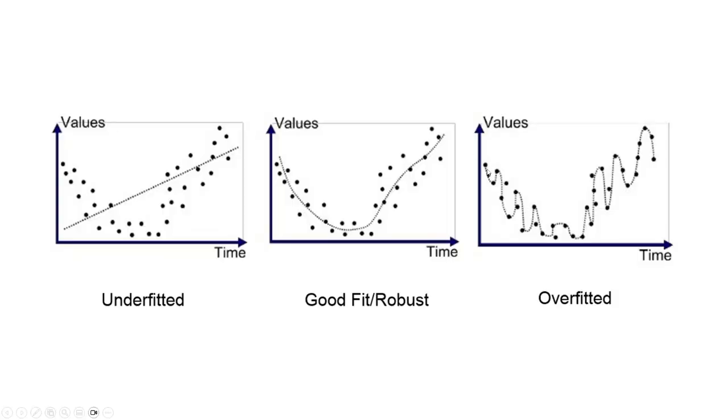When our model learns the training data too well, it fits the training data so well, like this. You can see that. And when it gets new data, it just doesn't understand the new data and doesn't predict well.